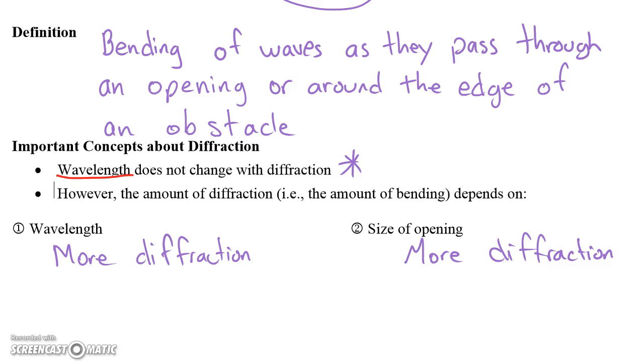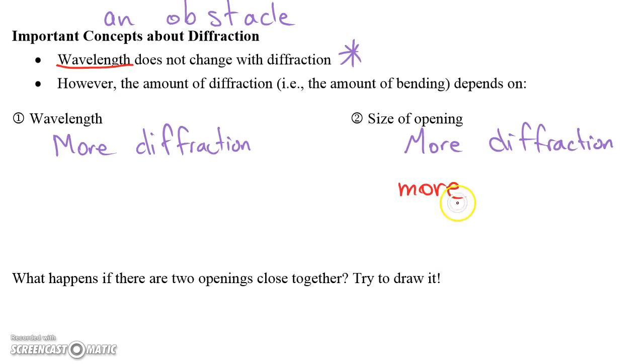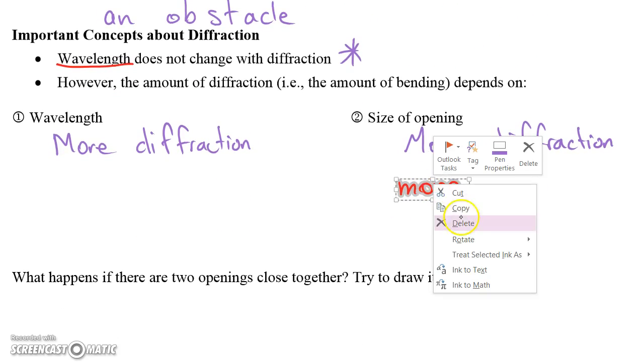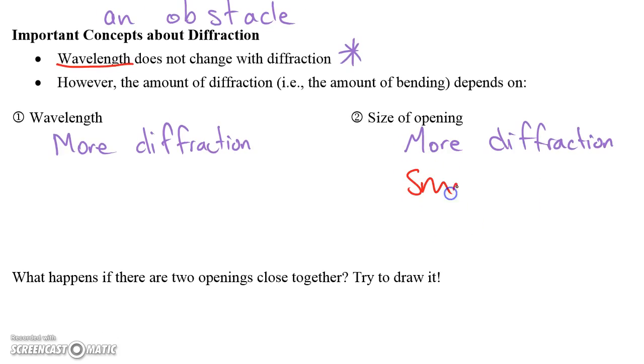Right away, we can see that this wave is diffracting a little bit, but not nearly as much as the one with the small opening. So the smaller the opening, the more the diffraction.